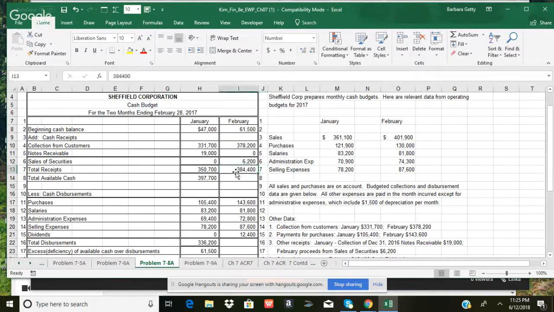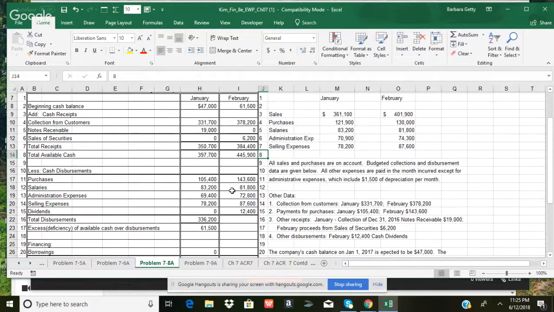So then we add the beginning cash balance of $61,500 and our total receipts of $384,400 and get our total available cash of $445,900.